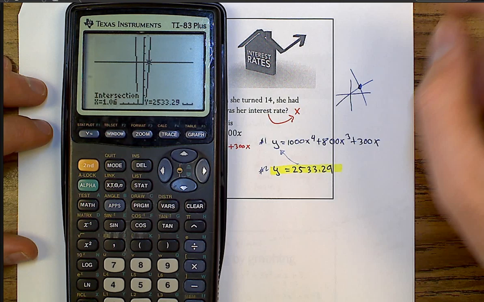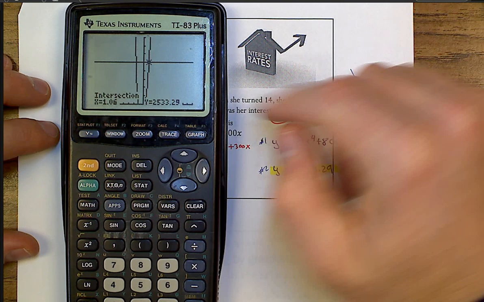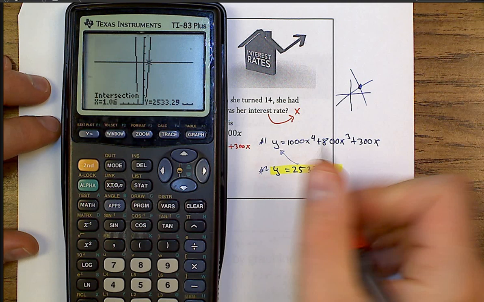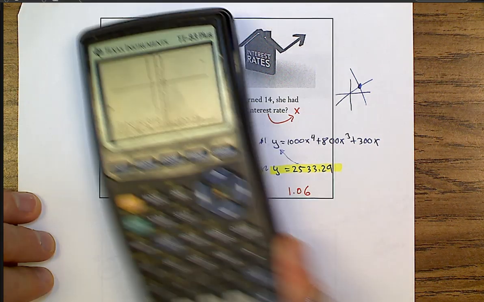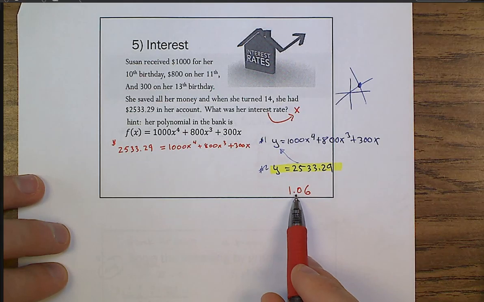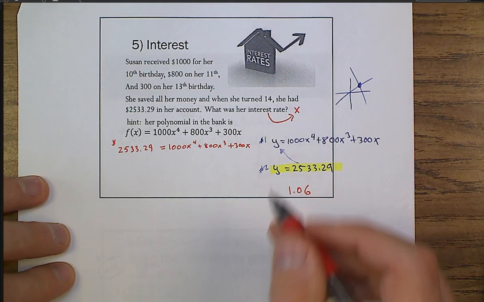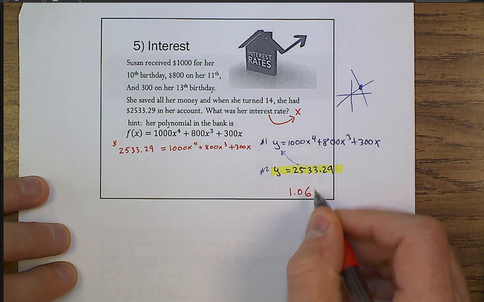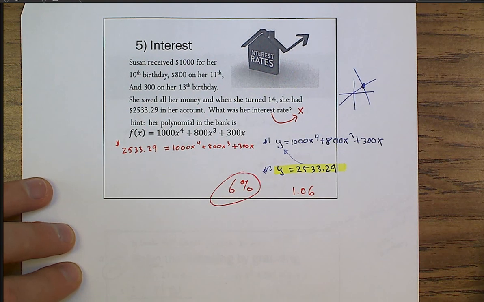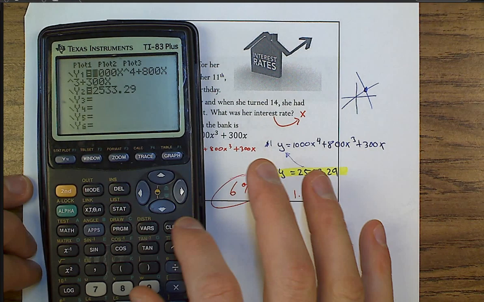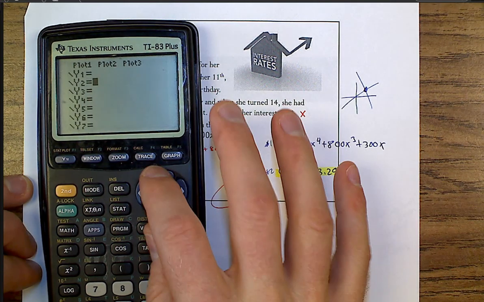Again, we're solving for x here. We know what our y is going to be, so we get 1.06. Okay? So what is our rate? Well, 1.06. If you move it over two spots, you're going to have a 6% rate.